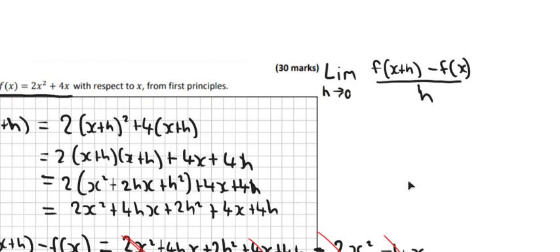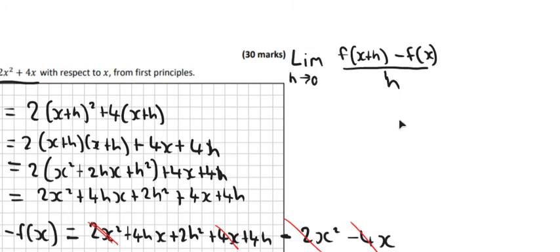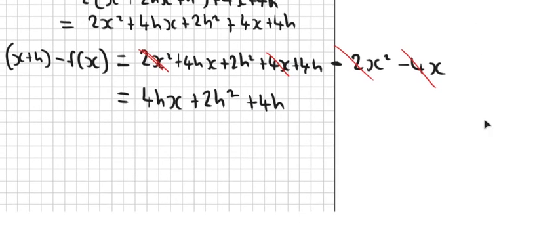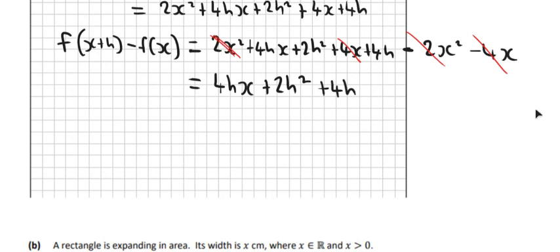Next step, if you look back up at what we had at the start, you need to divide by h, and then we'll put in the limit at the end. So next we're going to look for f of x plus h minus f of x, all over h.